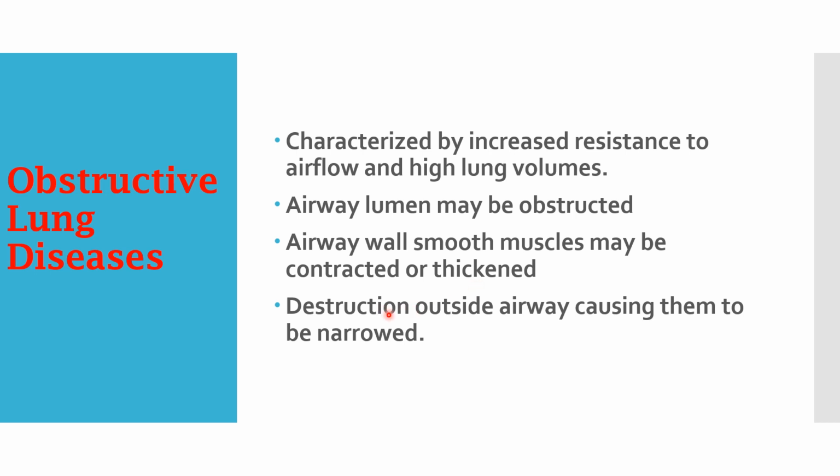The destruction of parenchyma outside the airway will decrease the radial traction, causing the airways to be narrow. This is seen particularly in emphysema. So these are all the mechanisms by which the obstruction in different diseases like asthma, bronchitis and emphysema is produced. So we will see a few details.